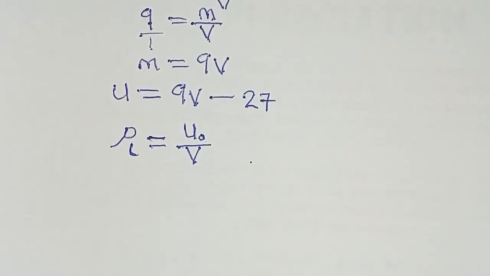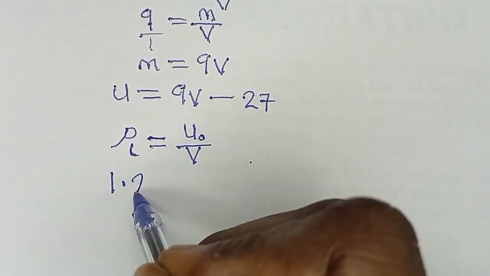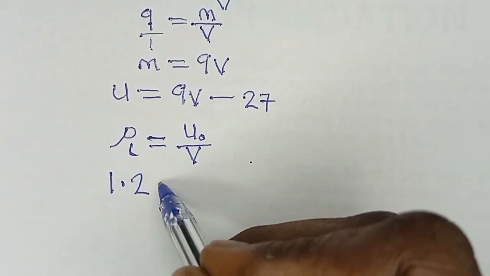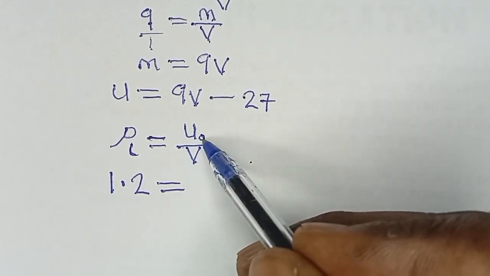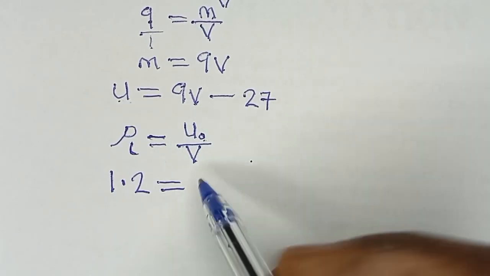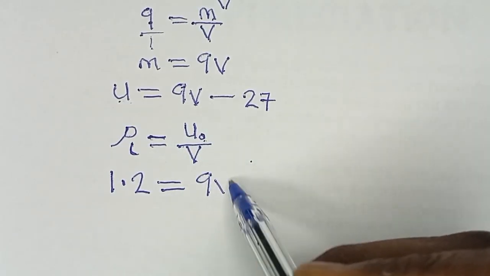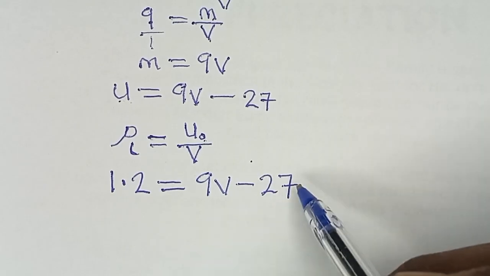So let's apply it in solving this problem. The density of the liquid is 1.2, as given in the question, and that is equal to the upthrust of the solid, which I already have: 9V minus 27. That is the loss of weight in the liquid.